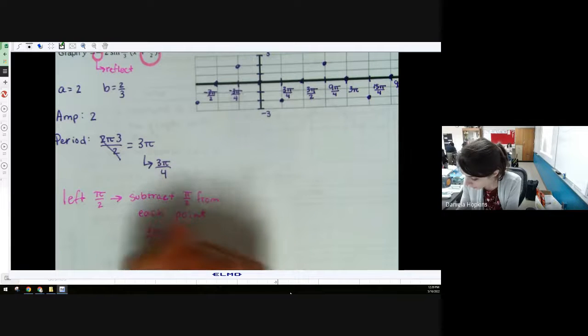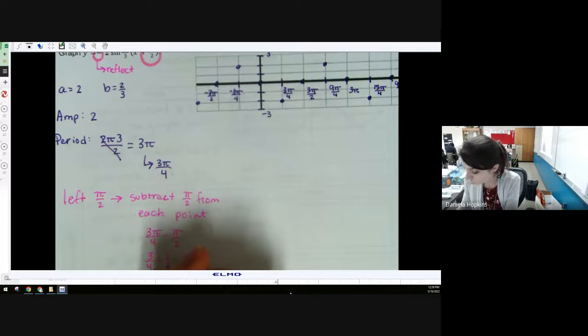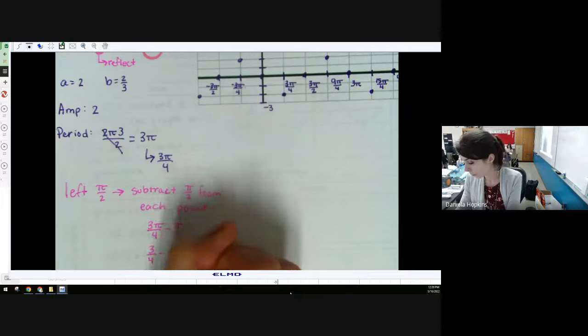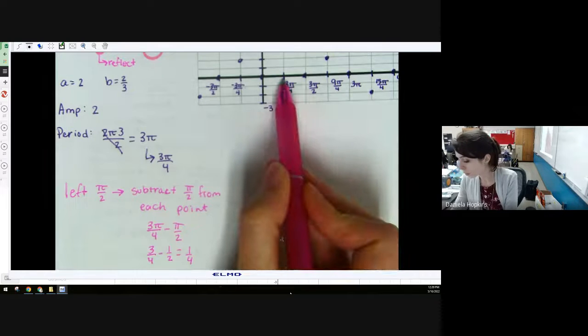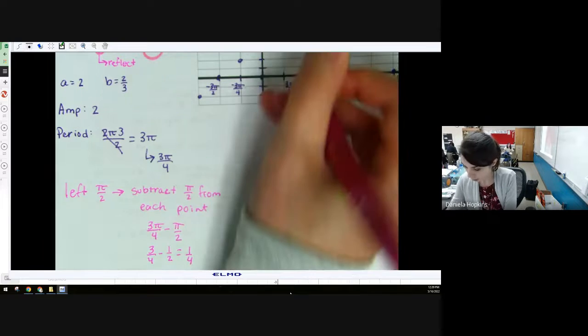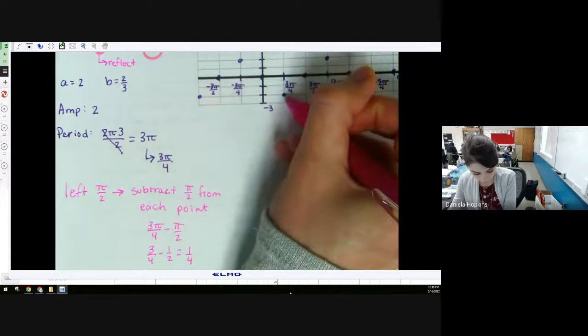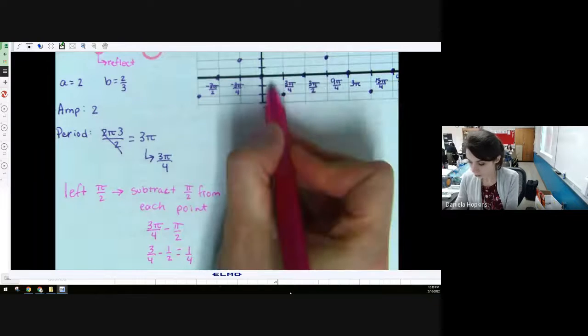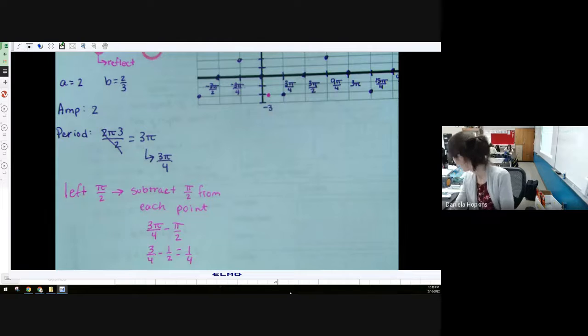If you want to ignore the pi's for a second, you can just think of it as 3/4 minus 1/2. What would 3/4 minus 1/2 be? 1/4. So if I think of this as 3/4, this is almost moving it like 2/3 in this direction. So I'm going to take every single point here and move it 2/3 over. So it's almost like at 1/3 of that. Does that kind of make sense?